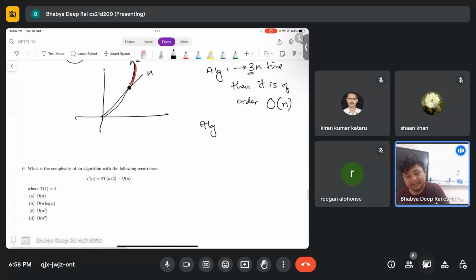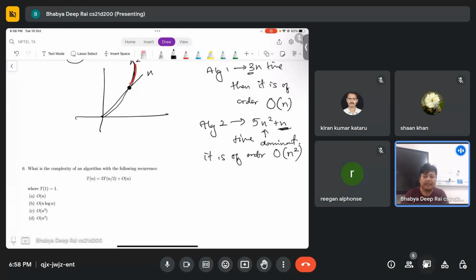And if algorithm 2 takes 5n square plus n time, we'd say it is of order O of n square. We remove all the smaller terms because n square is dominant.